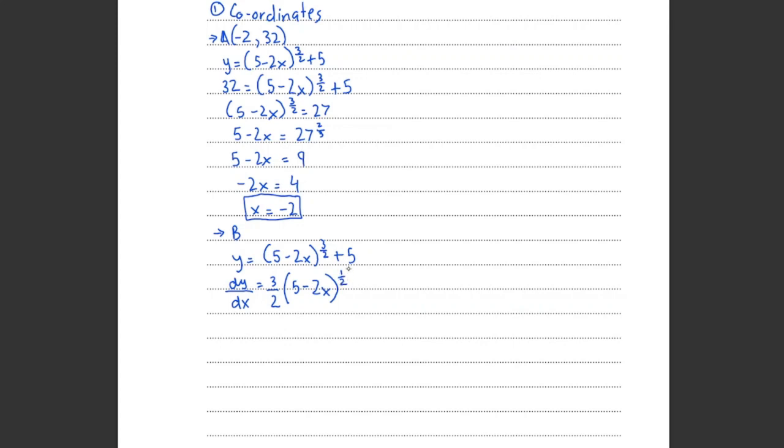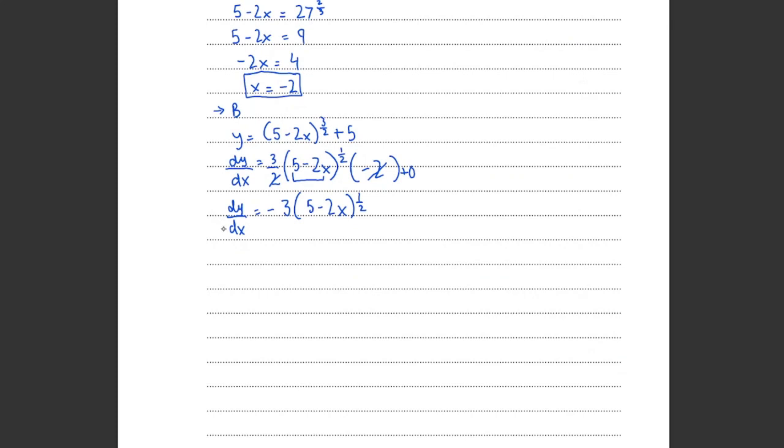The 5 becomes 0 because that's a constant, and I'll also multiply by the differentiation of this bracket, which is negative 2. So it's negative 2, and the 5 turns into a 0. Now my dy by dx is basically, this 2 cancels out with that 2, so I'll just get negative 3 times (5 minus 2x) raised to the power 1 by 2.